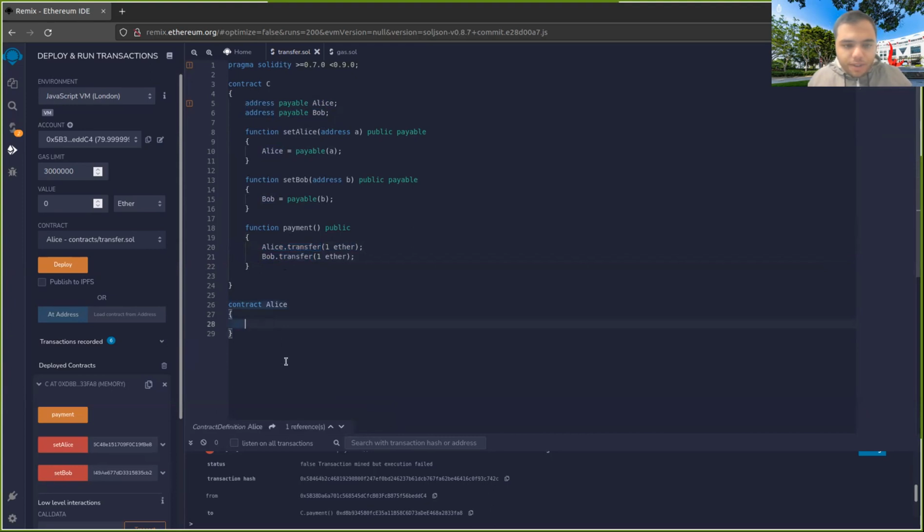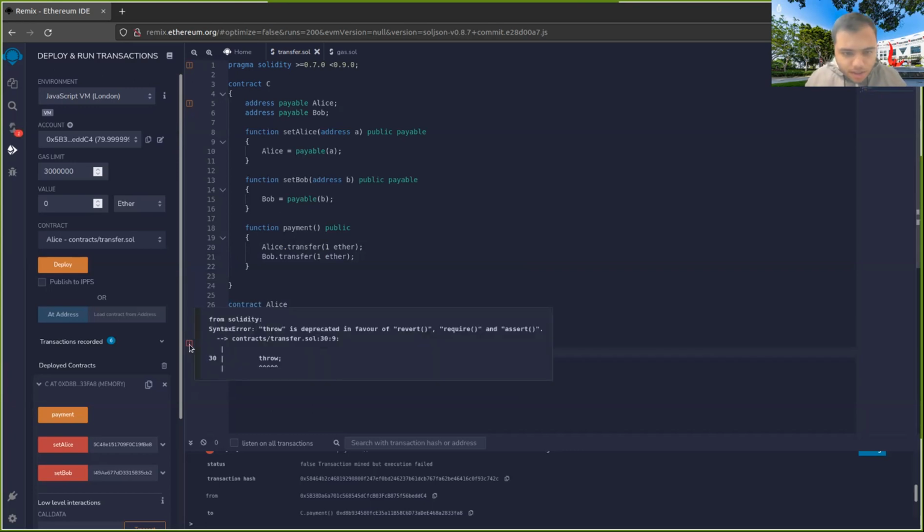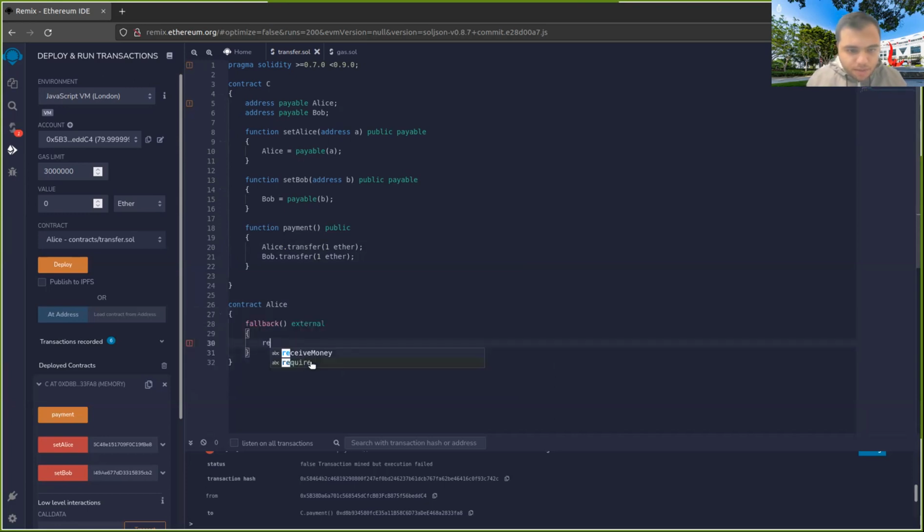And actually, a very similar thing would happen if I just have a fallback function that throws an exception. So I can have something like this. Okay, again, I have to set the visibility. Let's say it's external. Okay, and let's say here, instead of throw, I just say require 1 is equal to 0.